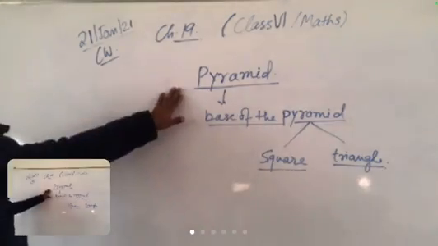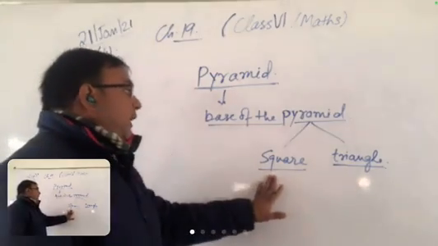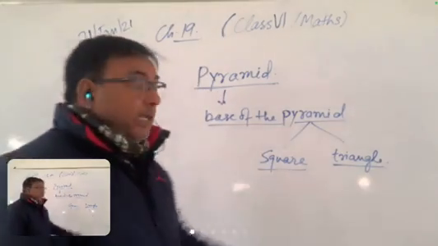So for the pyramid there are two bases, one is square and one is triangle.